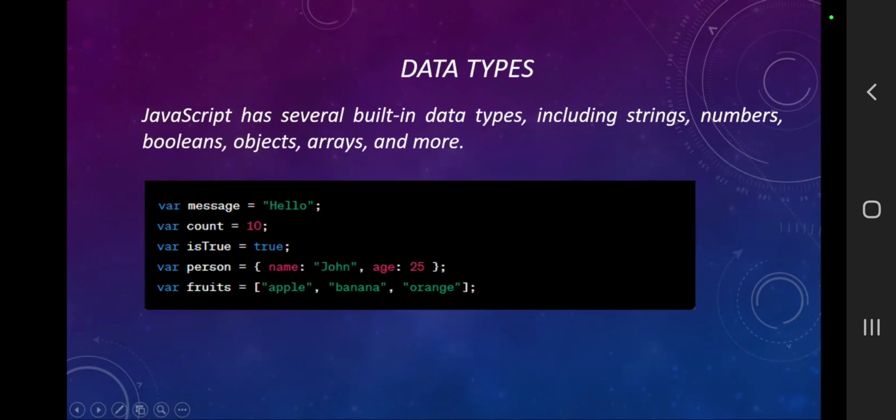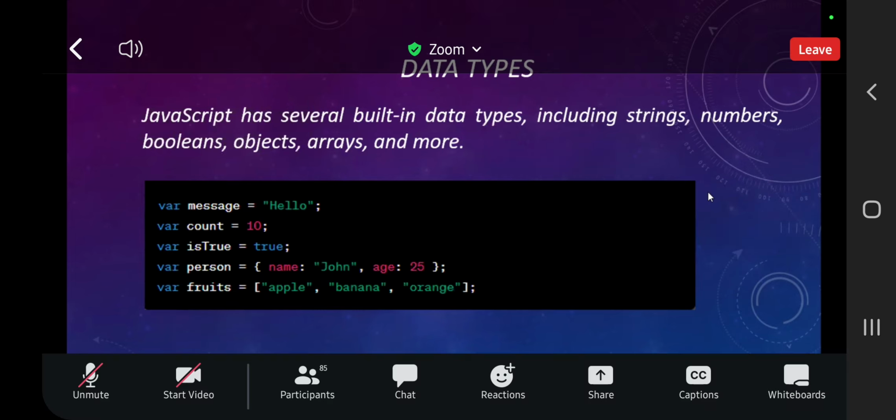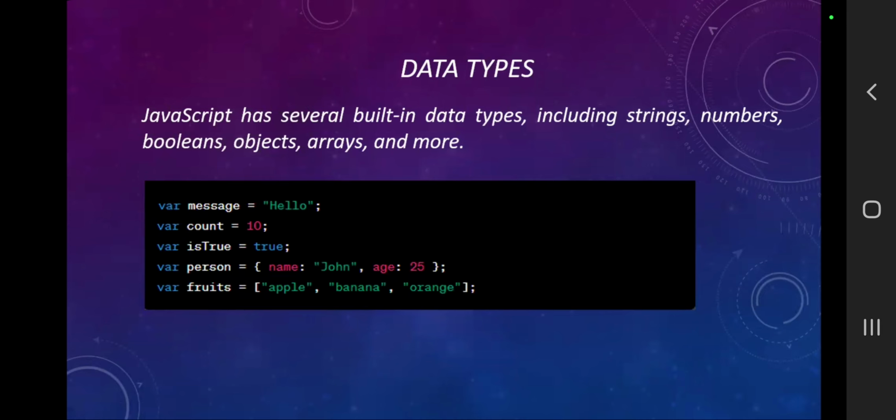Next, data types. As in other programming languages, it also has data types. One is strings, numbers, booleans, list, JSON, like that. But here also we don't need to mention it. Okay, so after this equals, if I provide any data with double quotes, JavaScript understands, okay, this is a string data type.